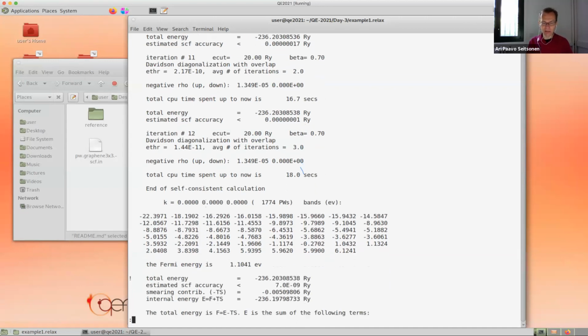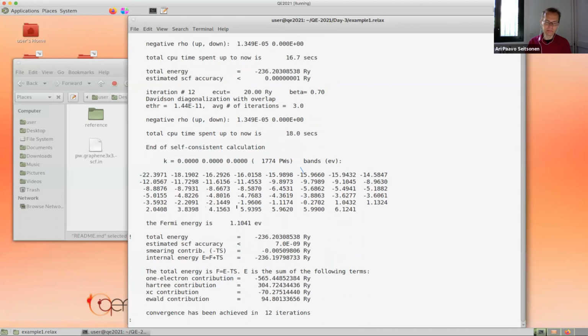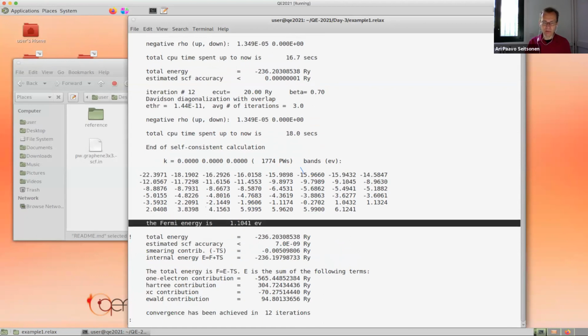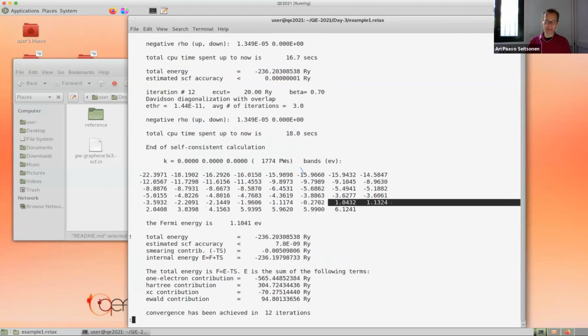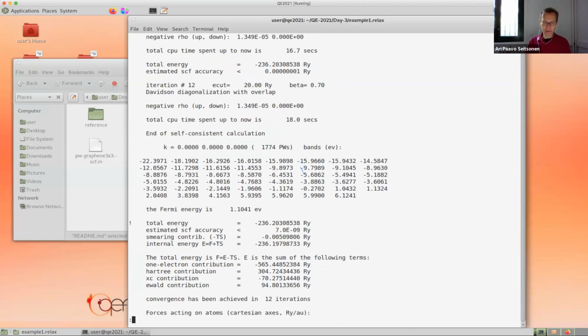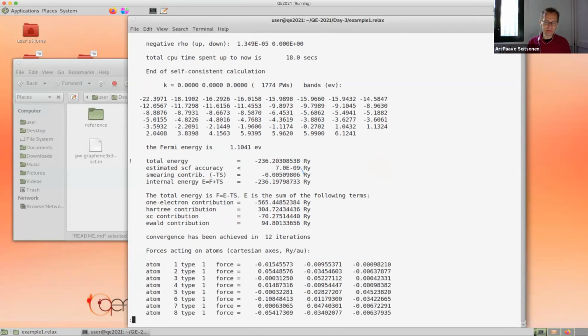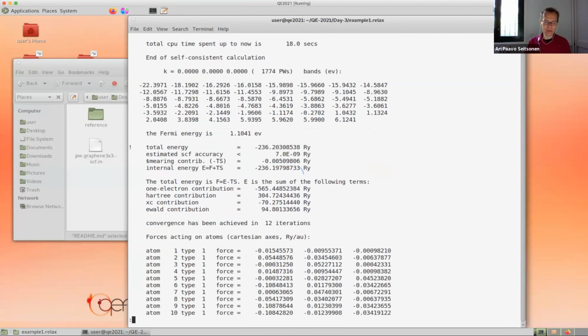And now we actually also have some unoccupied states, and because of the smearing, the broadening, and the Fermi energy, one sees that the Fermi energy is between those two values. Again, this is certainly too little on the gamma points, but this is what we can easily reach on these computers. And again, now we have this smearing contribution because we're using the fractional occupations.